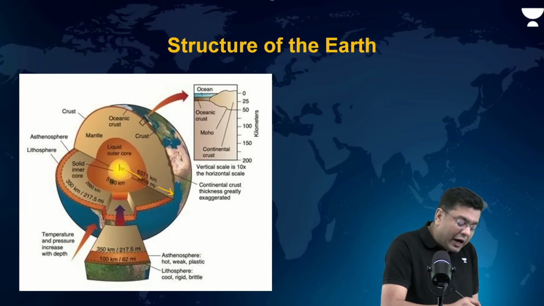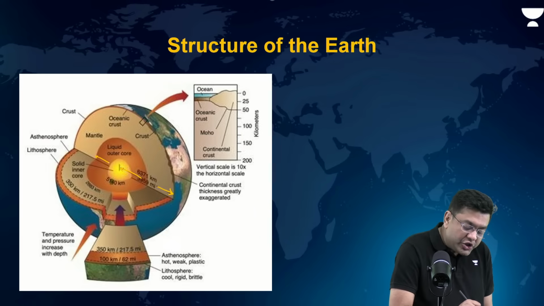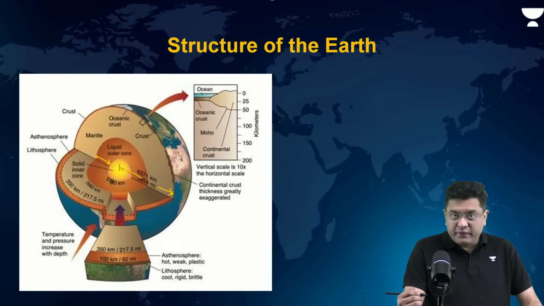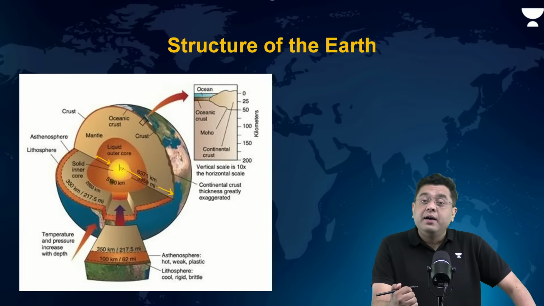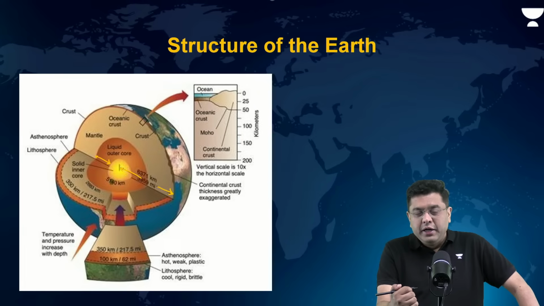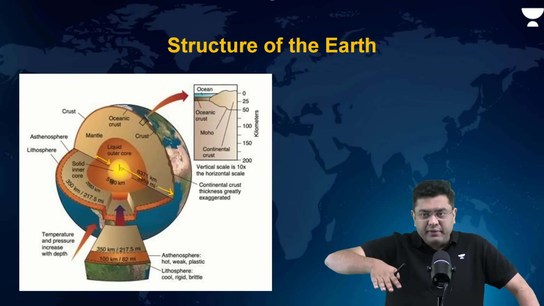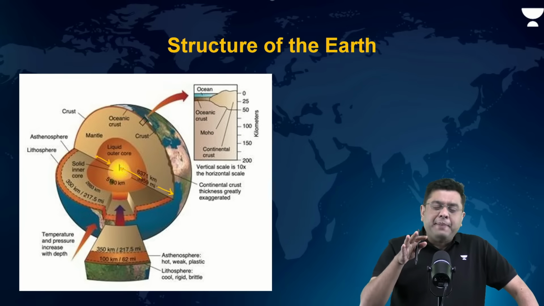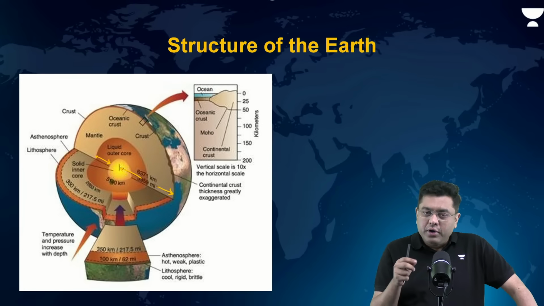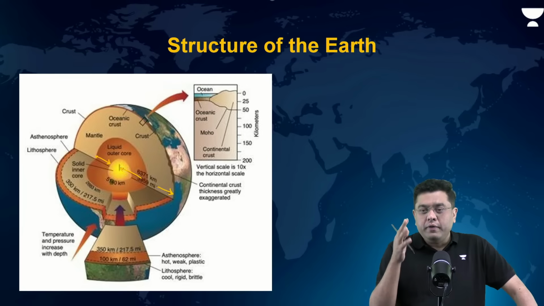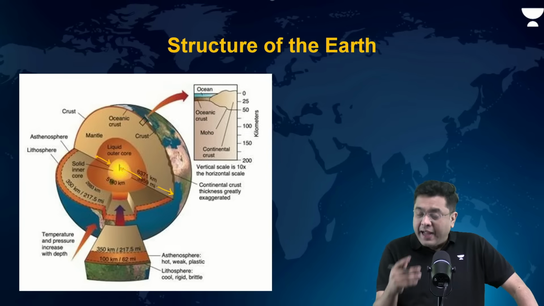Because even the outer core has got a substantial thickness, more than 1000 kilometers. So that 1000 kilometers of molten material will also exert a weight. And that is why by the time that you reach the inner core, temperature is always very high, and the pressure is also very high.